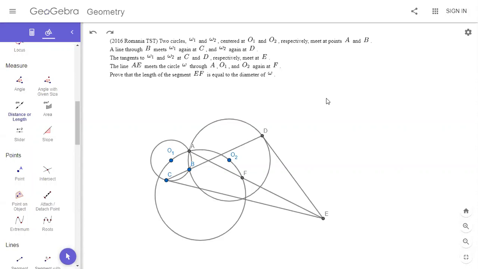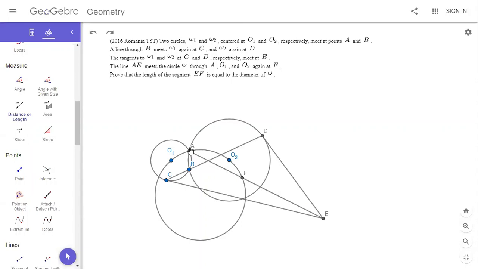All right, I'm back. Let's see. Maybe we could use power of a point somehow. So obviously we have a lot of isosceles triangles since all the radii are equal.